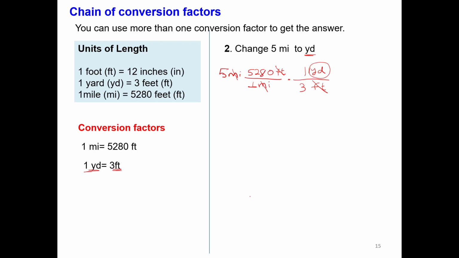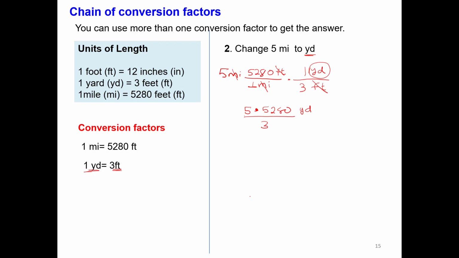Then let's see what we had on top: 5 times 5,280, and we have yards here. This is multiplication, and we need to divide by 3. Yes, 1 times 3 is 3. Then let's multiply this one.